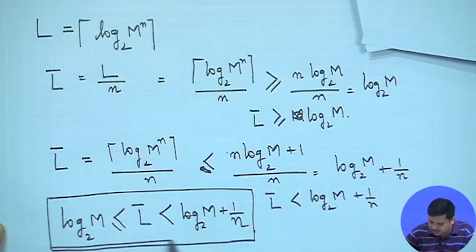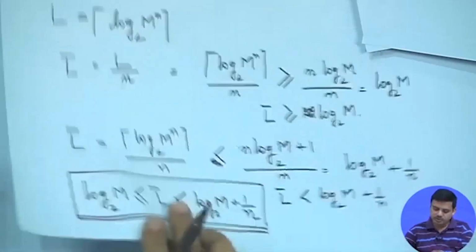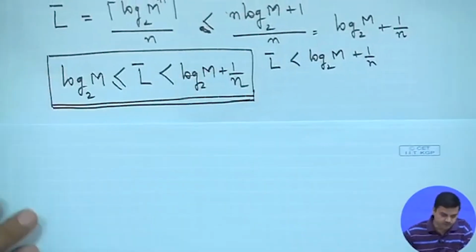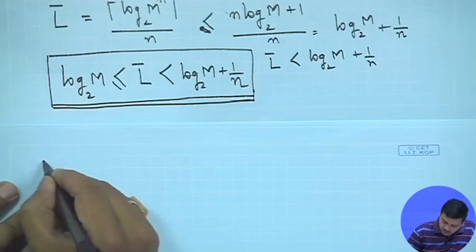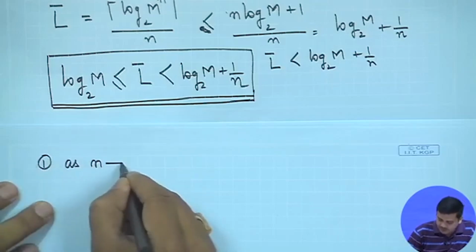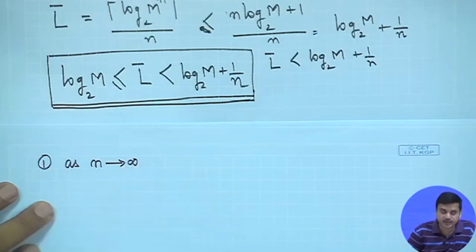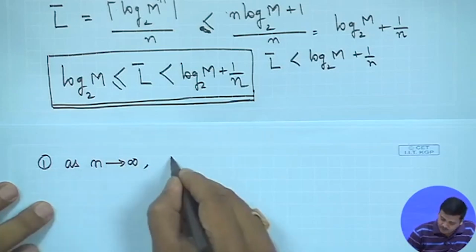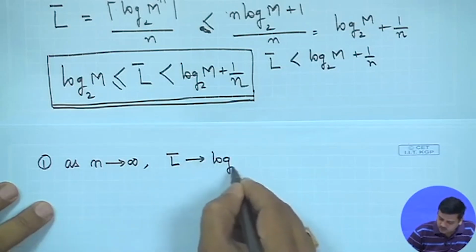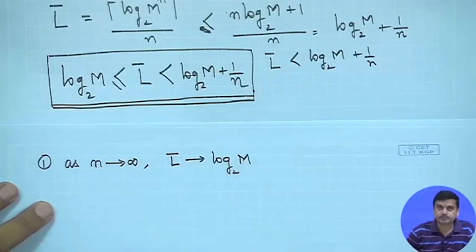This is significant. If we look carefully into this set of expressions, we can make a few conclusions. One, as n becomes very large, let us say n tends to infinity, L bar tends to log base 2 of m, right.